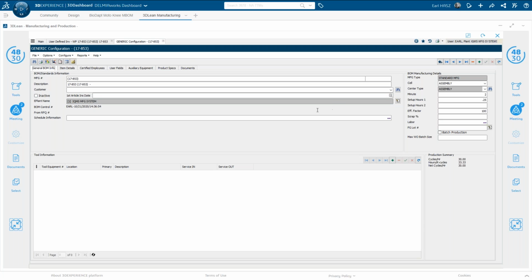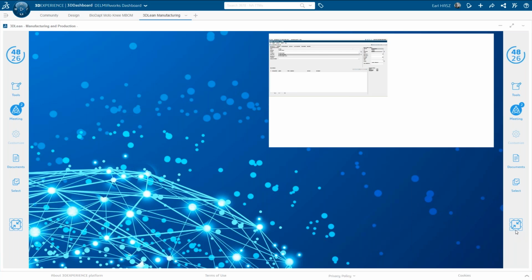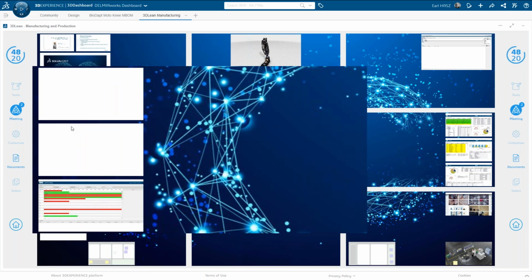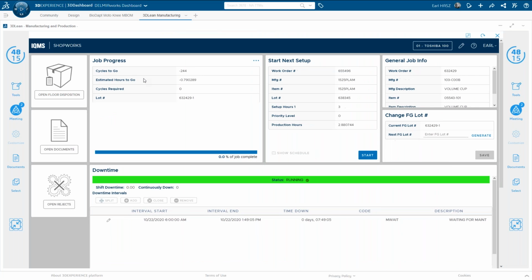This is great. Okay, so we have this information in DELMIAworks. We know what the production is. Now's the time to send it down to the production floor. And down on the floor, again, putting on my hat of being an operator at a given work center, I would log into the system in this manner, where I would then start to see exactly which job I'm currently working on.